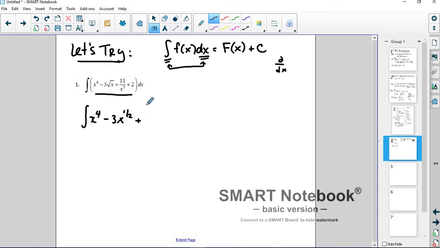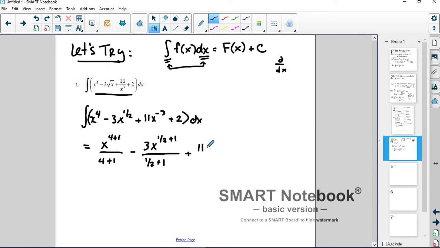We don't have a rule for fractions yet, so we're going to write that as x to the -3 power. And then all of those, we're integrating dx, and so now we're going to use our rule. The power rule is add 1 to the power, divide by the power. And you can do that in your head, that's fine. You don't have to write the steps. I'm just doing it because we're introducing the idea here.